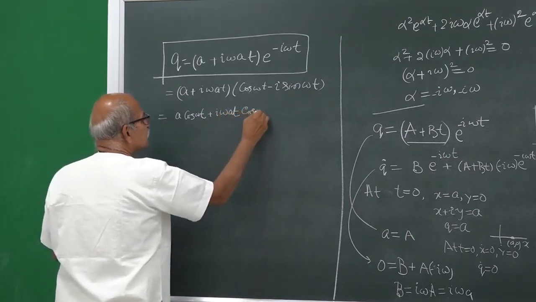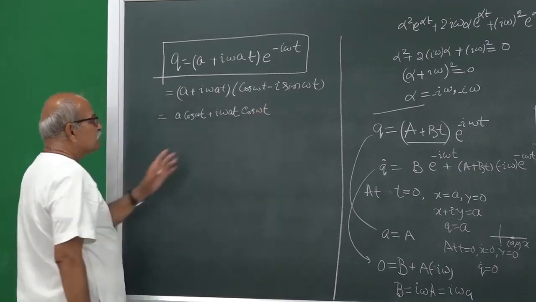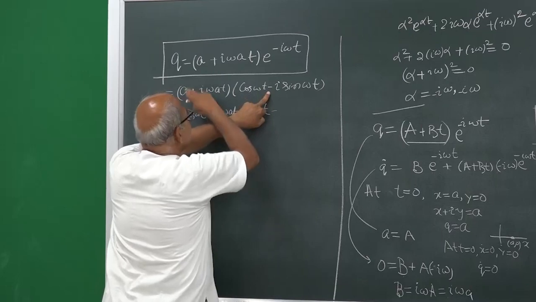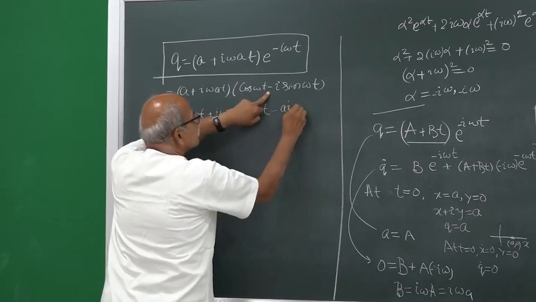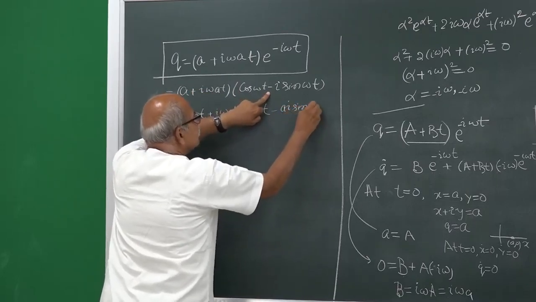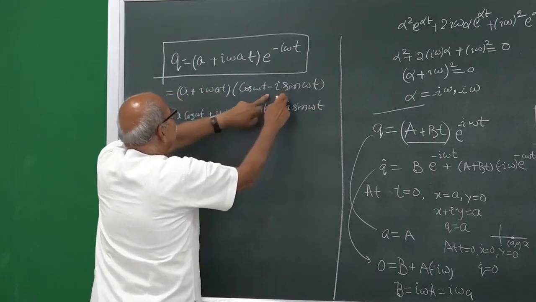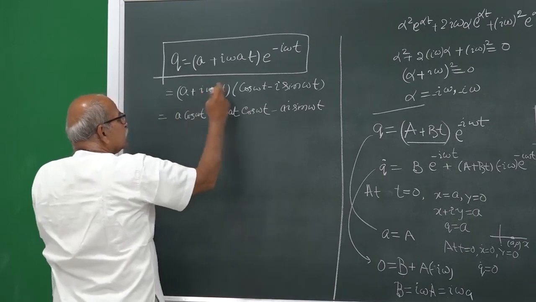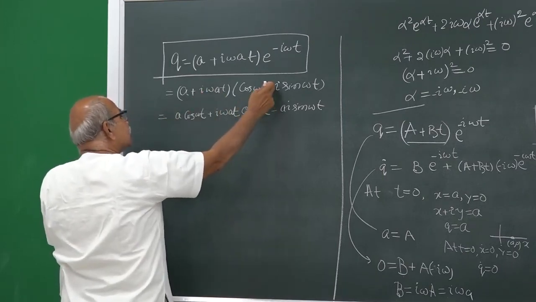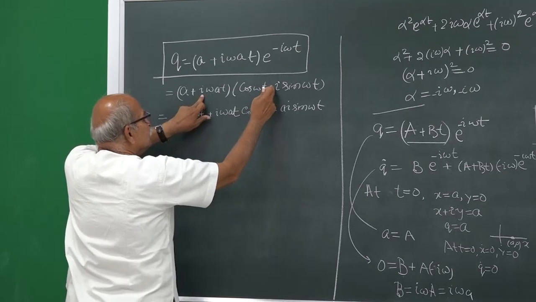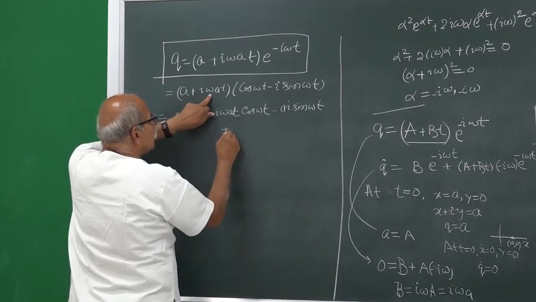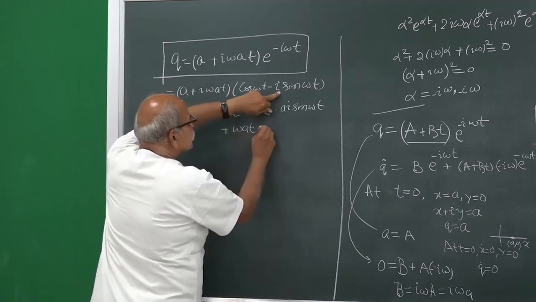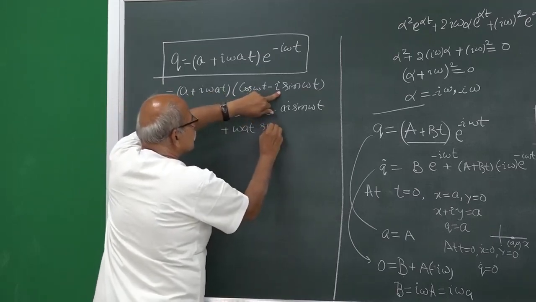I have done this part, now this part: minus a i sin omega t, and then i into minus i is plus 1, and i into i is minus 1, and with this minus it is plus 1. So it is now plus omega a t from here and then sin omega t from here.